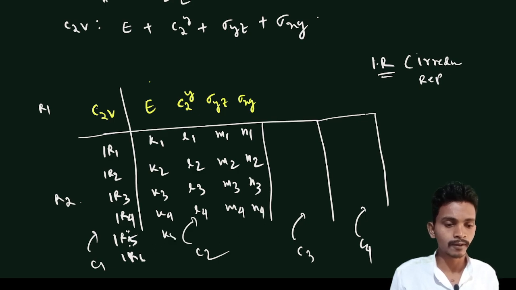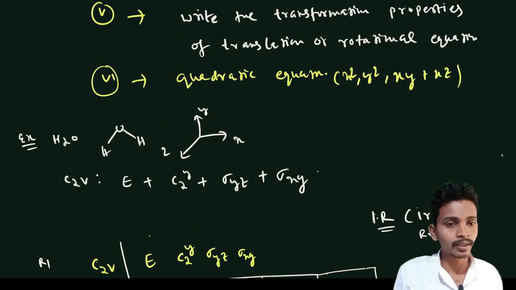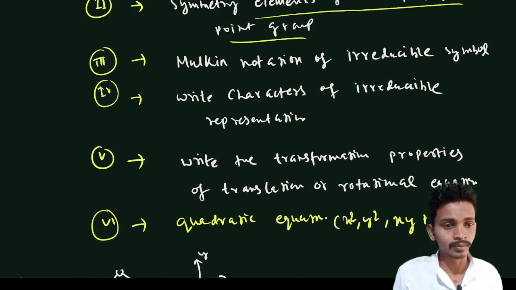Maybe I write K5, L5, M5, N5. I don't know whether IR4, IR5 come, but after the rules we will say what we have to write. So now I am simply writing the same, and this also I don't know for the time being.